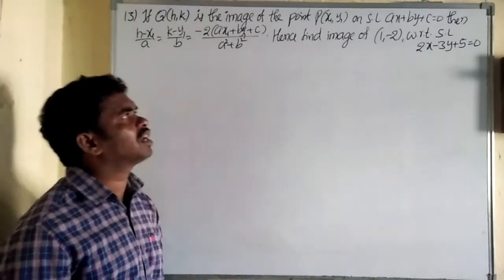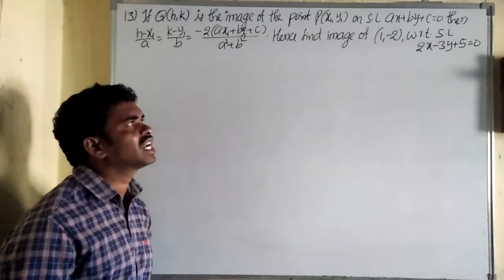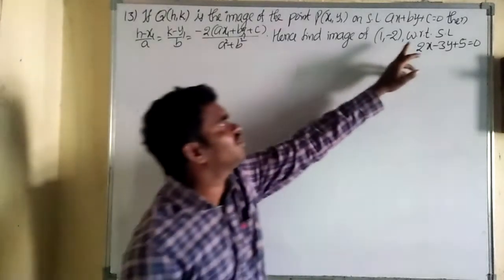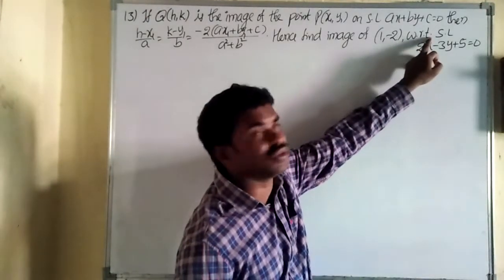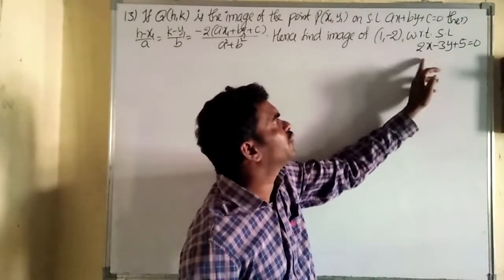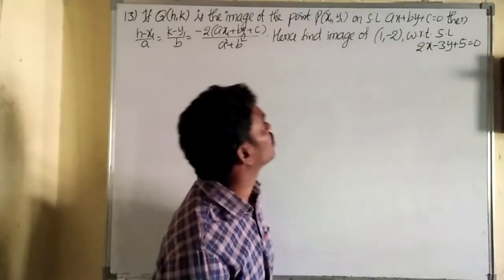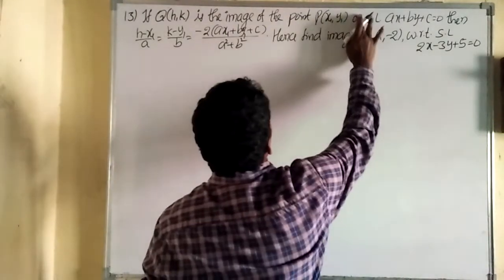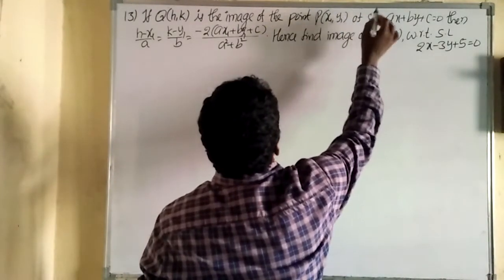Hence, find the image of (1, minus 2) with respect to the straight line 2x minus 3y plus 5 equal to 0.